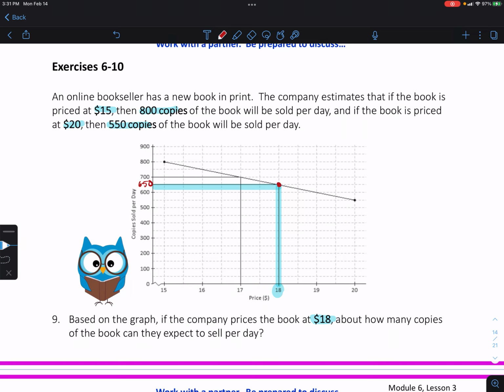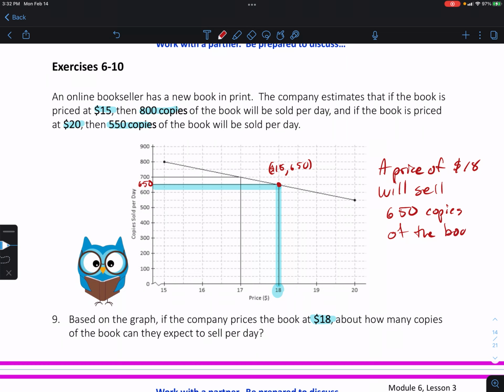This point is 18 and 650. So a price of $18 will sell 650 copies of the book. Just using the points on the graph.